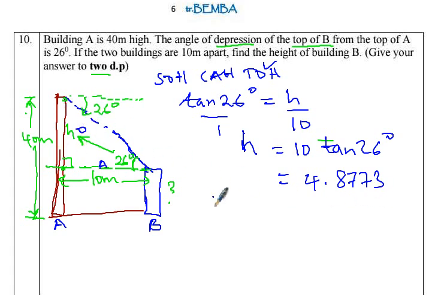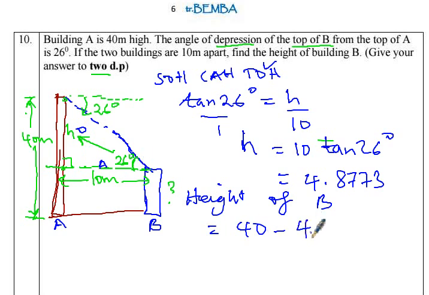Now that we know H, we can get the height of building B. How? By doing 40 take away this upper height here, which is 4.8773. And when we subtract, we have 35.1227.